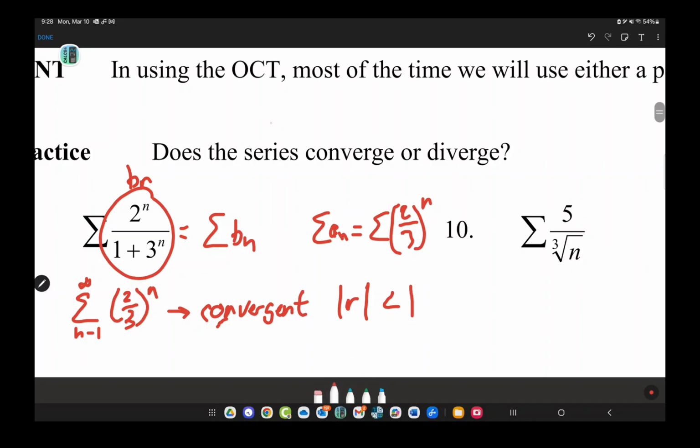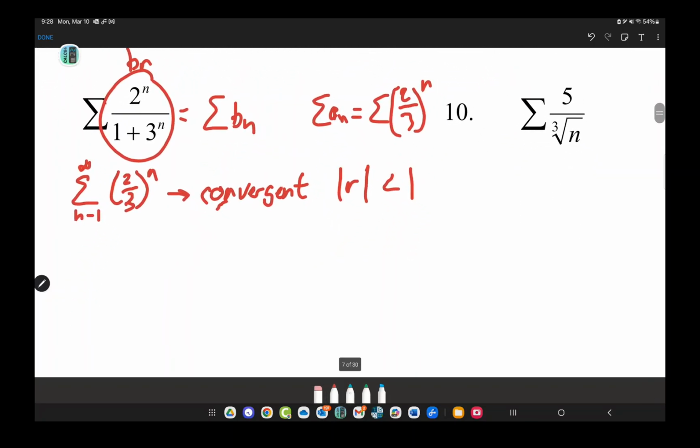In this case, since 2 to the n over 1 plus 3 to the n is less than 2/3 to the n power, what does that tell us? It tells us something. It's convergent.